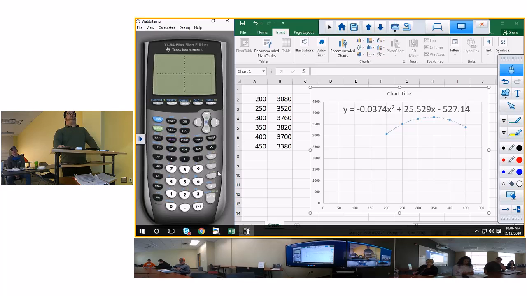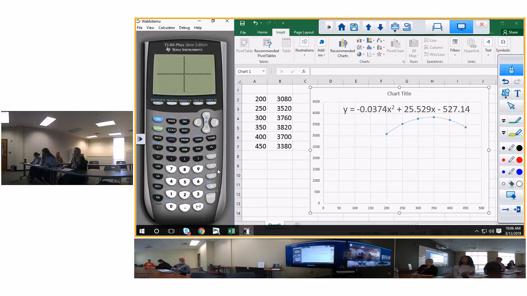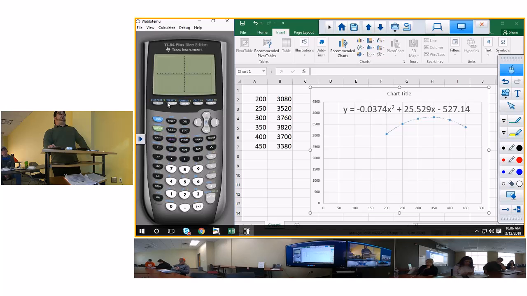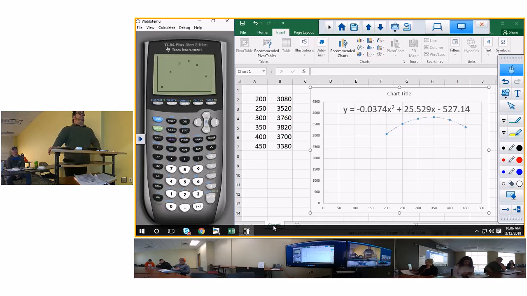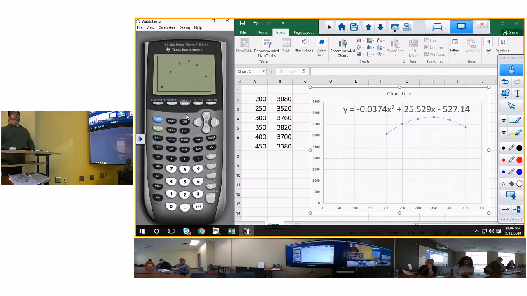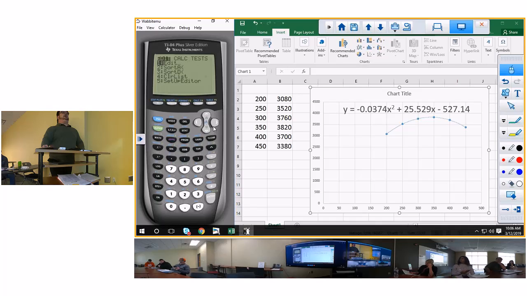Because most of your business type questions are going to be in what quadrant? Unless you suck as a business person, most of them will be in the first quadrant. So I would hit zoom and go down to, I think it's 9. Zoom stat. There you go. Now you've got to find out the equation. So you hit stat, calculate, and number 5. What does number 5 say?